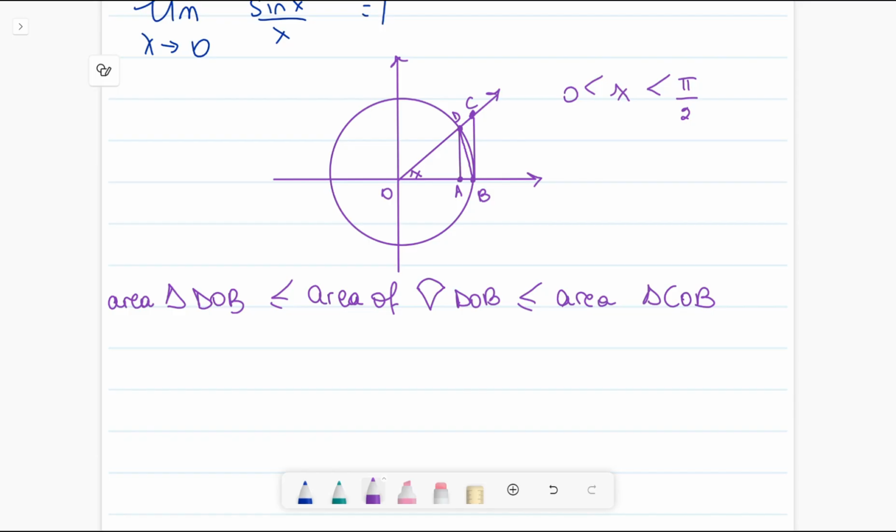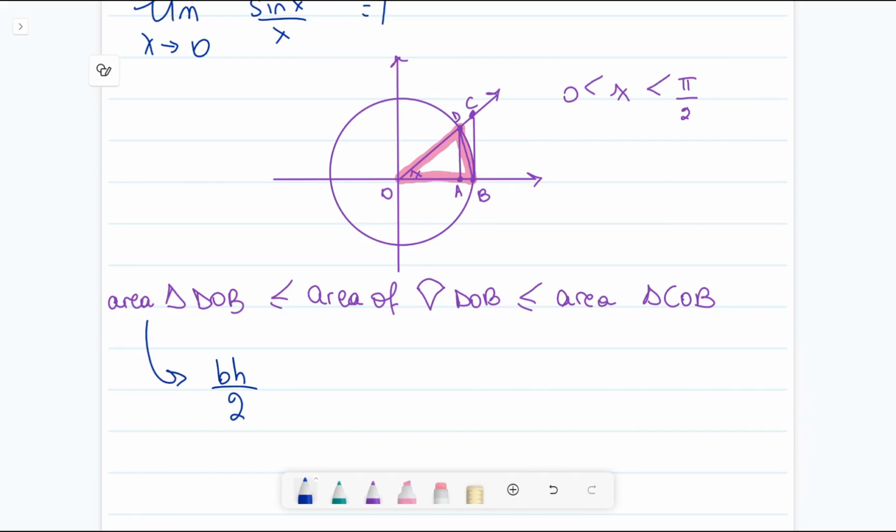So let's start with the area of the triangle DOB, which I will highlight. This is the triangle DOB. So as you know, the area of a triangle is half of the base times the height. Now the base of the triangle, first I will write it's the base times the height divided by 2.